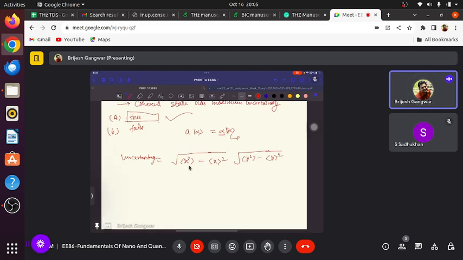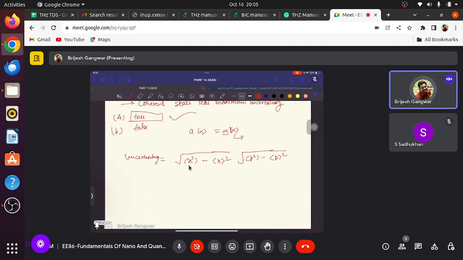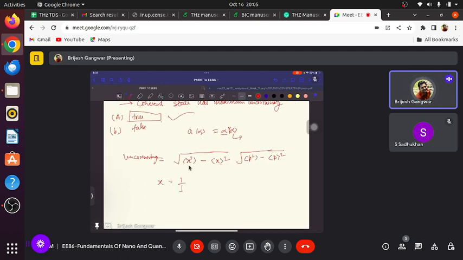We can substitute x as 1 by root 2 times a plus a dagger, and p as 1 by root 2 times a minus a dagger with i. Just consider omega equal to h cross equal to m equal to 1.